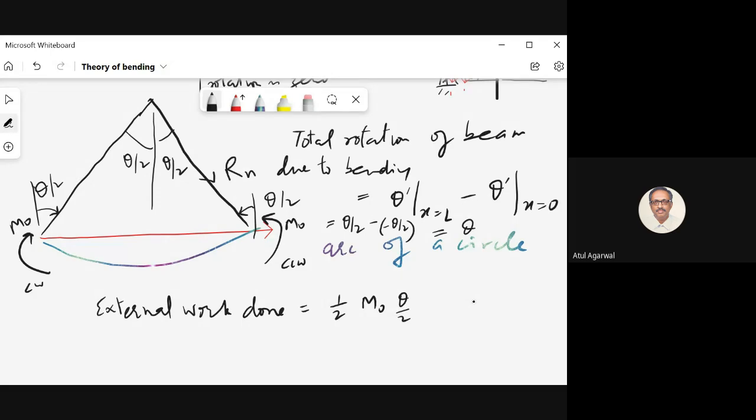You see the moment is counterclockwise, the rotation is counterclockwise, so it will be plus. Plus this left moment is also causing rotation. Half, its sign is minus M naught, and the rotation sign is also negative. So you get total work done as half M naught theta, while theta is the total rotation. Okay.